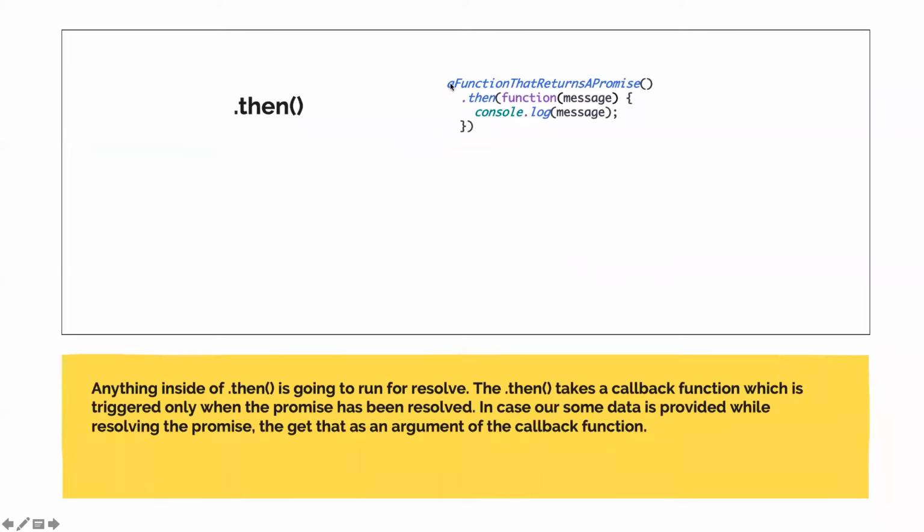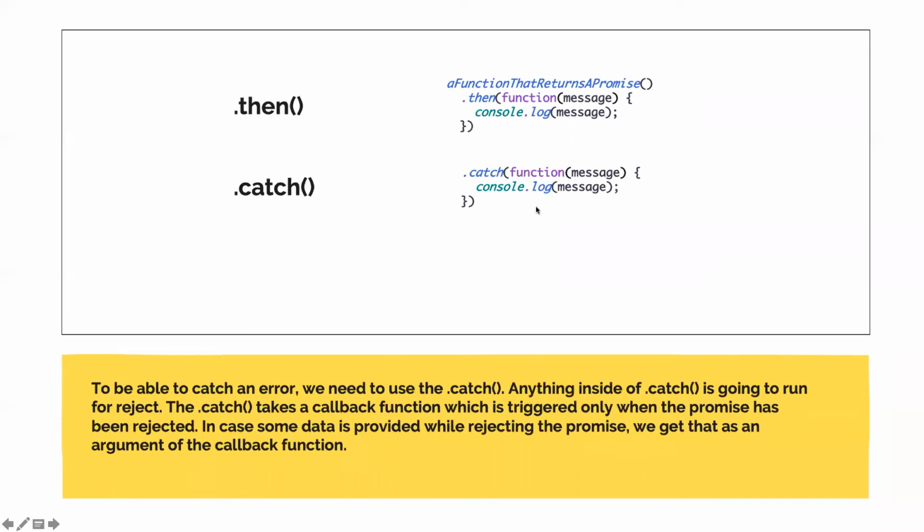So this is a function that returns a promise, and whenever the promise gets properly resolved, then whatever we write inside the then is executed. It again takes a callback. Even though it's a promise, it takes a callback function which gets the message that was passed when the promise resolved. And we can do anything with that message or data.